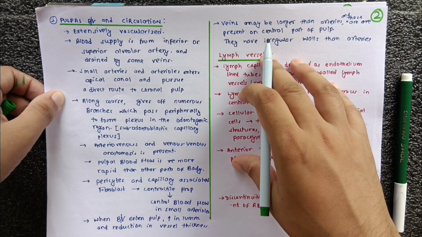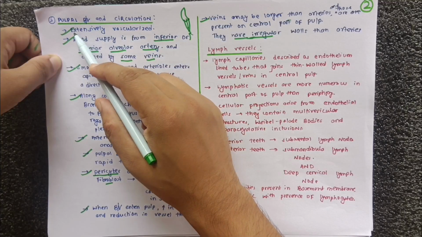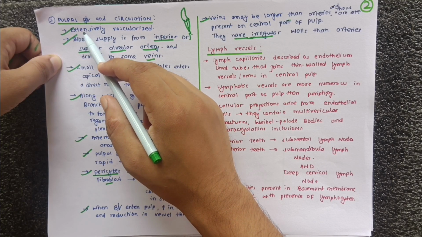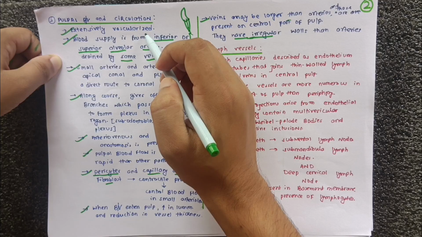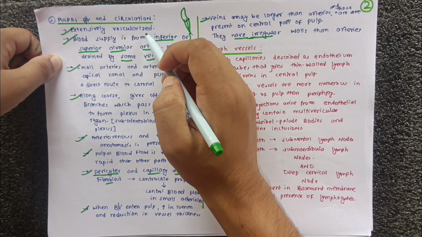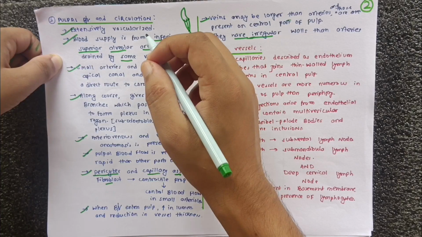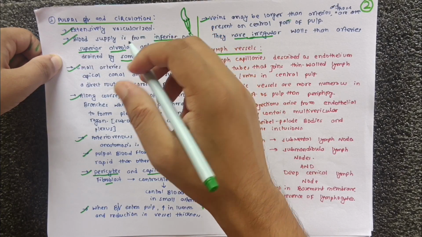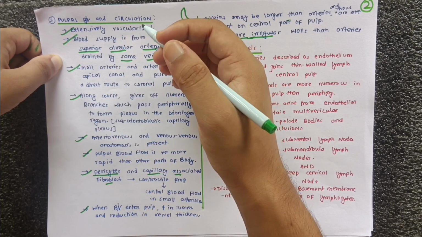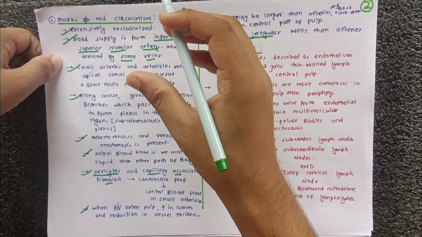So our first point is that the pulp is extensively vascularized. That means there is a presence of a large number of blood vessels and nerves in the pulp, which makes the tooth vital.